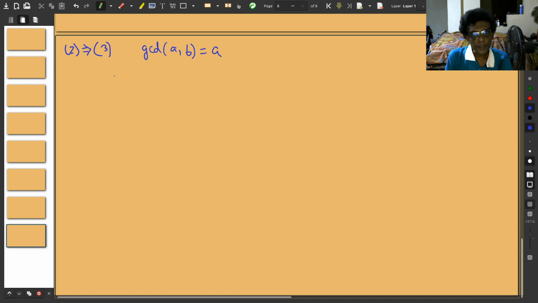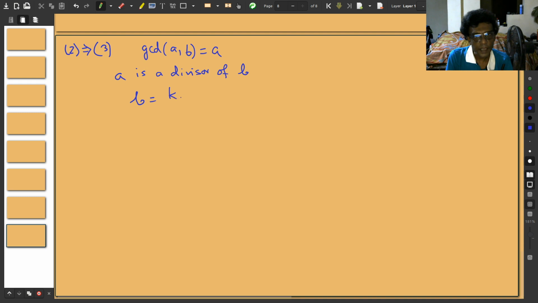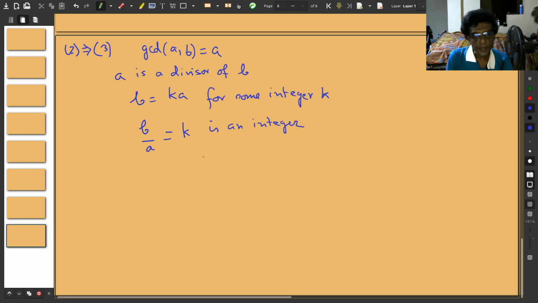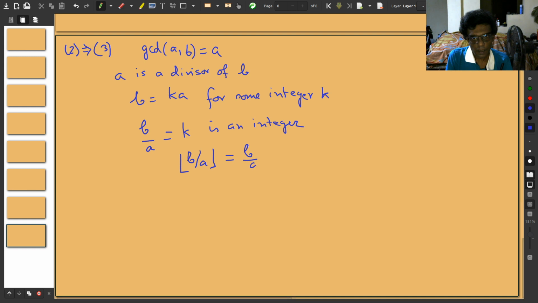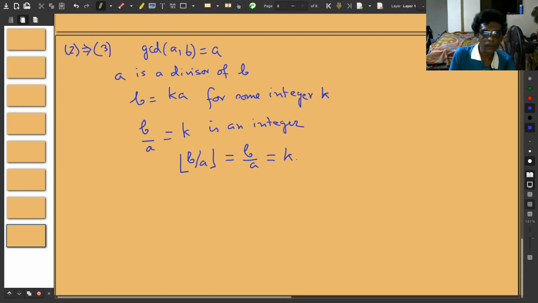So, A is a common divisor of A and B. In particular, A is a divisor of B. That means I can write B equal to K times A for some integer K. But then B by A is an integer, and if that is an integer, then by the definition of the floor function, floor of B by A equals B by A equals K. Okay, so this is the proof of the second part.